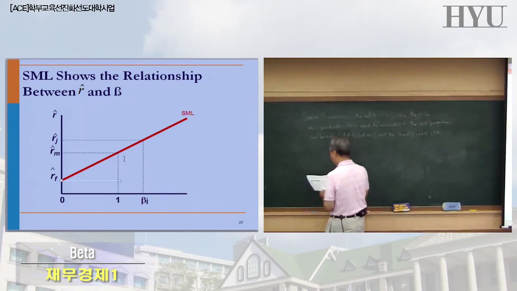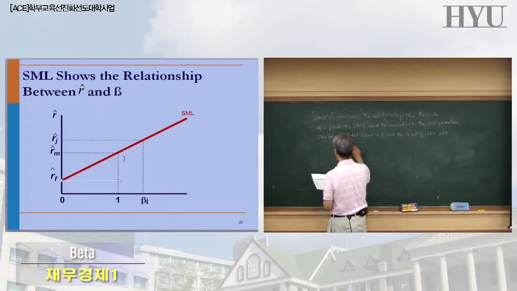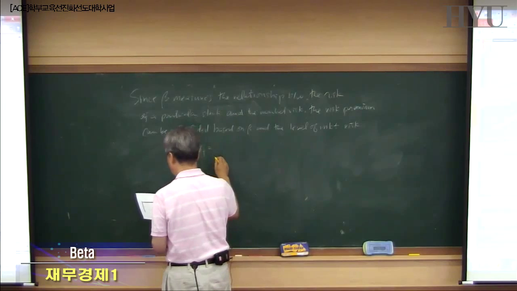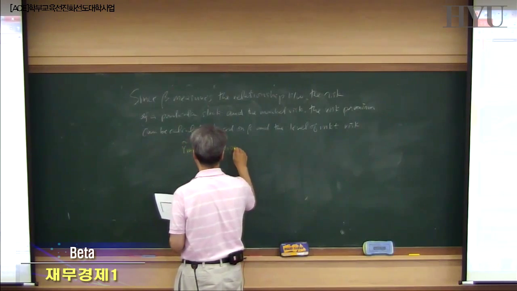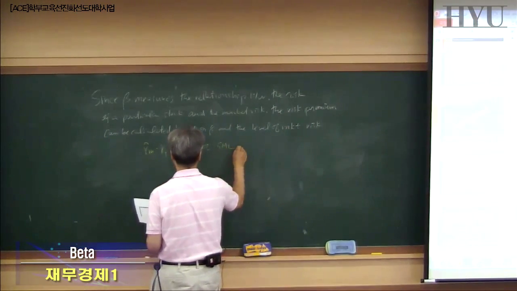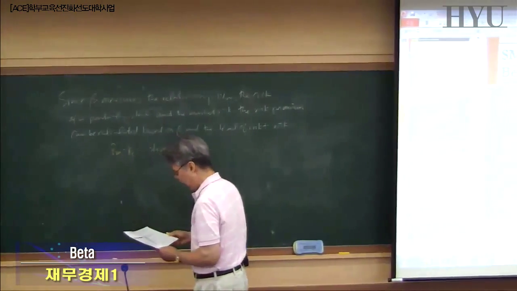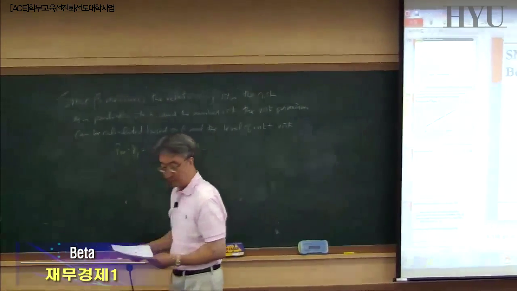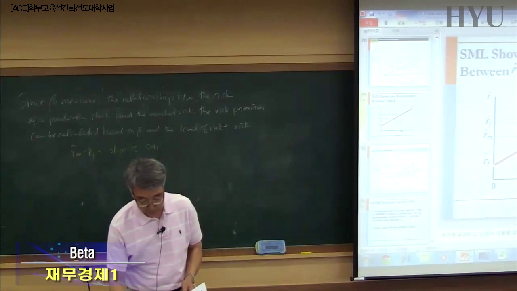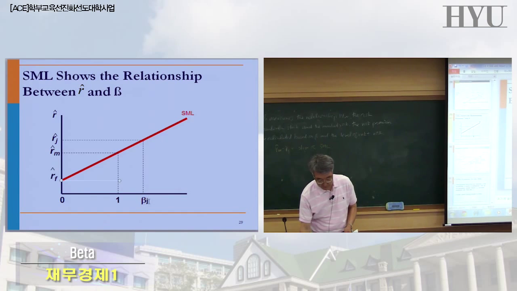So let me first write it down. RM hat minus RF hat is the slope of the security market line. And then for any stock or any portfolio with a certain level of market risk, beta J, what is the required rate of return for that security? We can find that out.